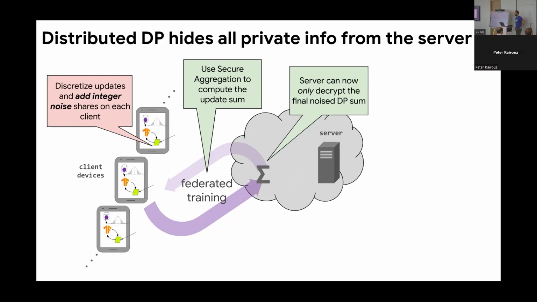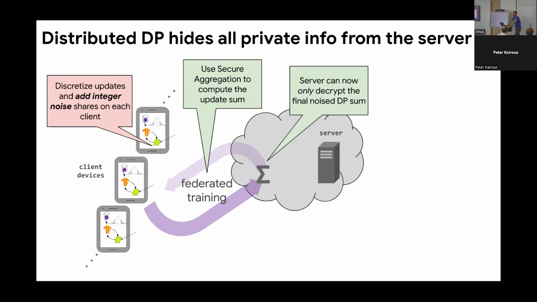But you can go one step further. You can say, what if I don't want to trust the server in terms of adding the noise? So I don't want the server to do anything. I want the server to already see a differentially private output. So here what we're doing is we first clip and discretize those updates, or turn them into integers on a finite group.